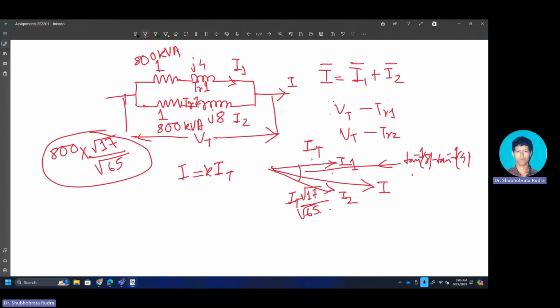So if IT here represents 800, then you find out how much I you are getting, and if IT corresponds to 800 kVA, then I will correspond to some definite kVA value. In that way, you have to solve this problem.